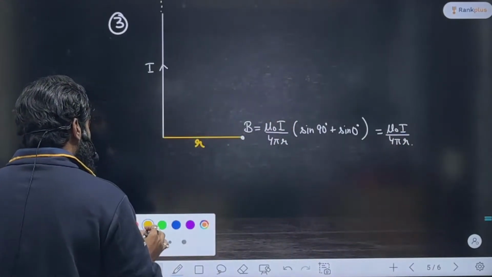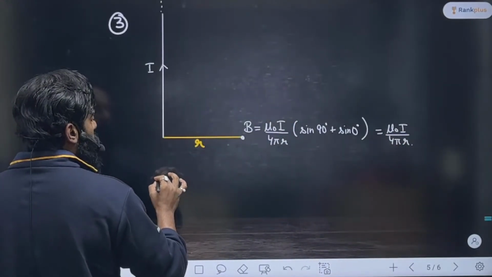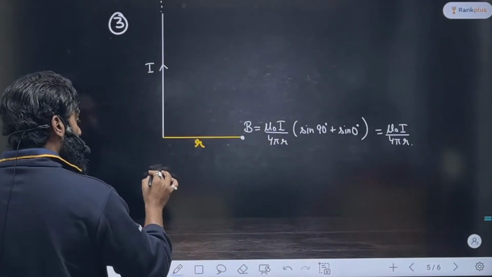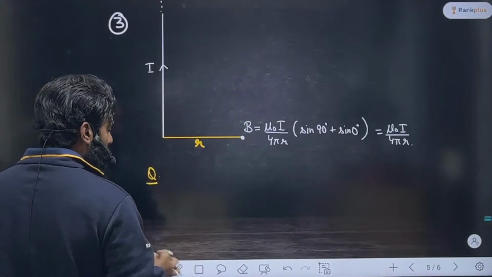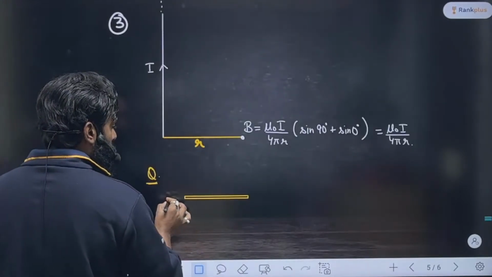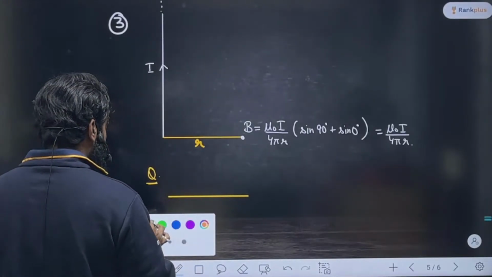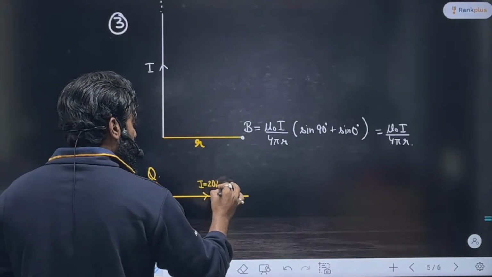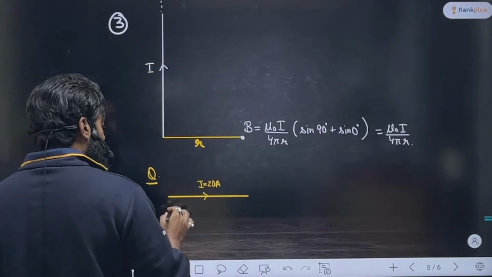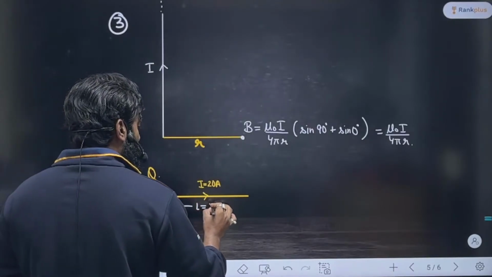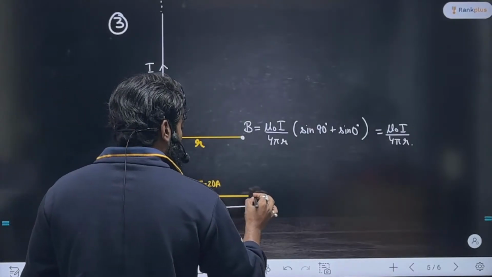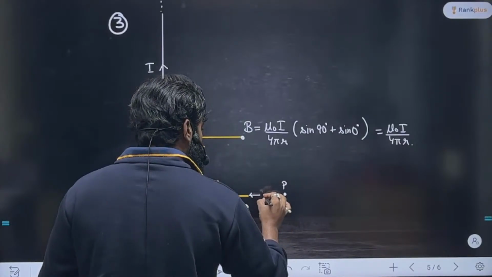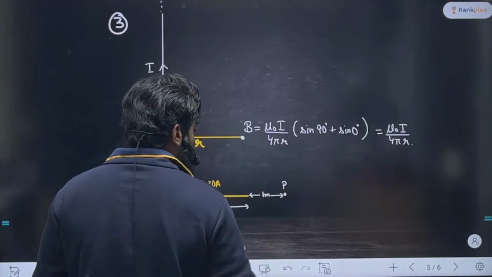Now there is a very simple question which I am going to ask you. Assume that there is a current carrying conductor. The current which is flowing through it is 20 ampere. The length of the wire is 10 meter, and I am standing at this point which is at 1 meter from this wire.